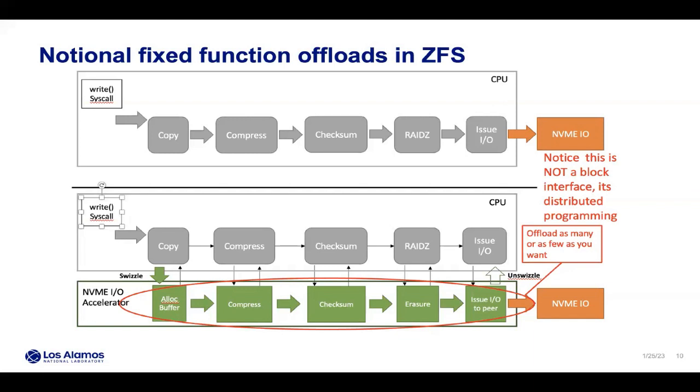Although the most efficient case is obviously offloading everything, because you can reuse buffers in an accelerator if it has all of the functions available. And so this goes all the way out to issuing the IO, trying to prevent those extra memory copies back and forth from the host CPU to devices.